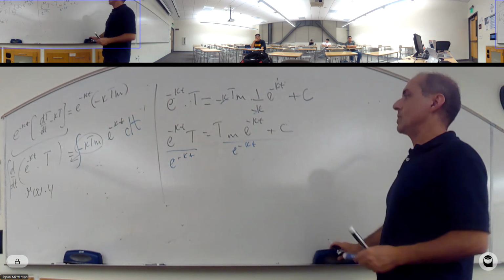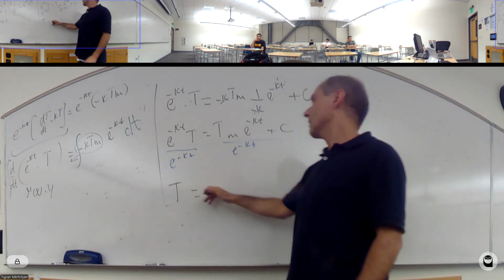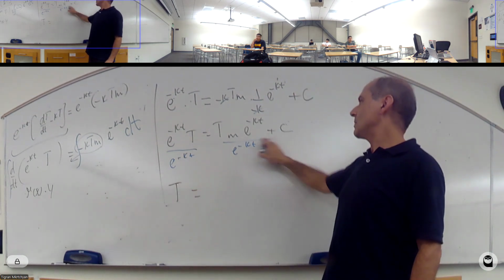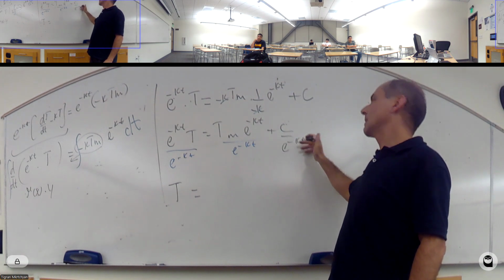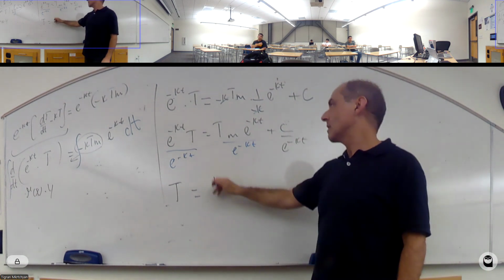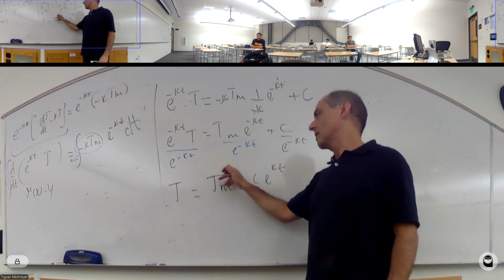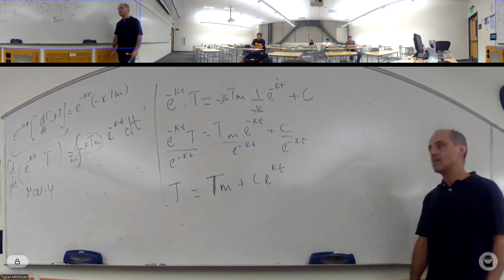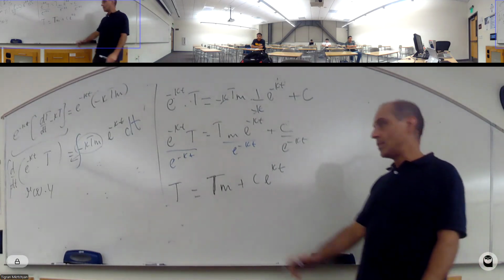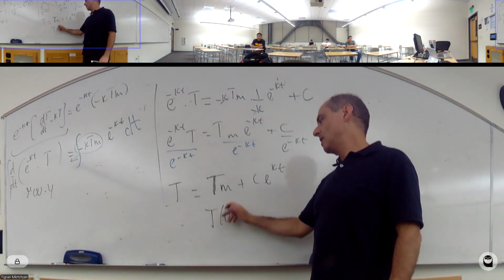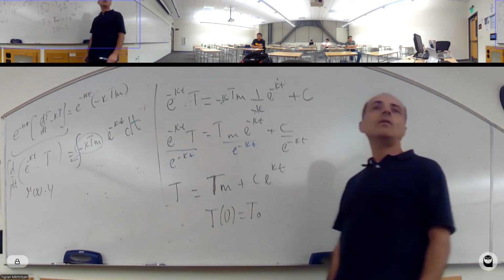Well, we got the temperature T. That's going to be Tm plus C times that, right? Can we find C? The temperature at the beginning was T0.